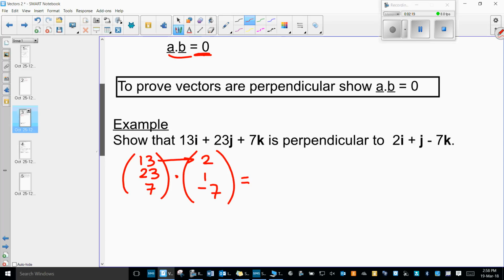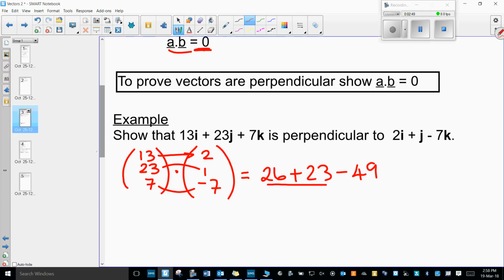So 13 multiplied by 2 is 26. And then we're going to do 23 times 1. So we're going to add these numbers together. And then we're going to do 7 multiplied by negative 7, negative 49. Okay, so then 26 plus 23 gives us 49. Take away 49 equals 0.